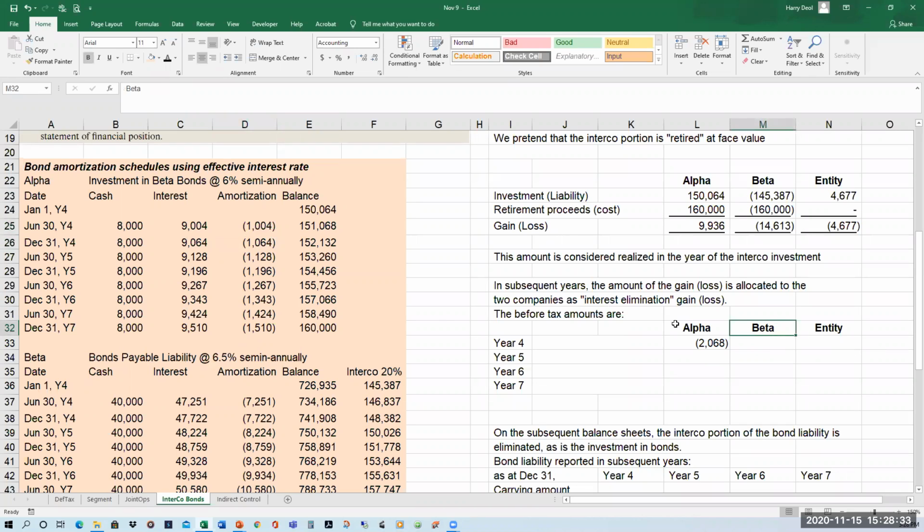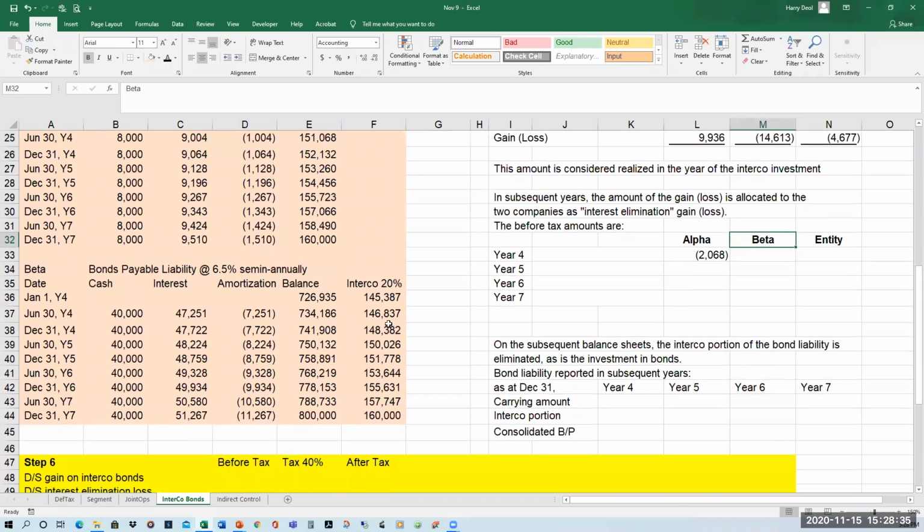As far as Beta is concerned, in a similar vein, the intercompany liability had a carrying amount of 145,387 on Jan 1st, year 4. At the end of year 4, though, that liability has increased to 148,382. So this is basically due to the interest calculated on June 30th and December 31st.